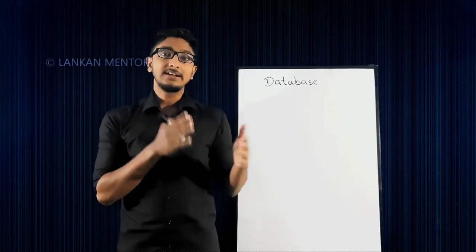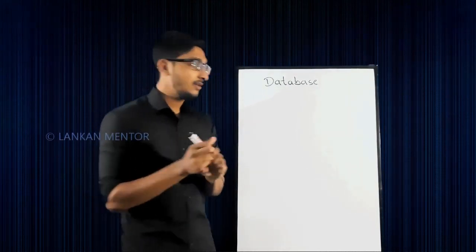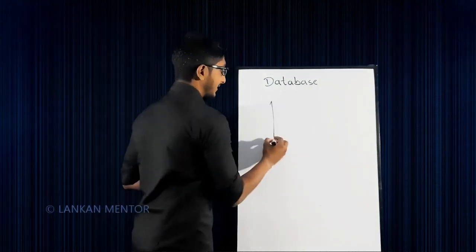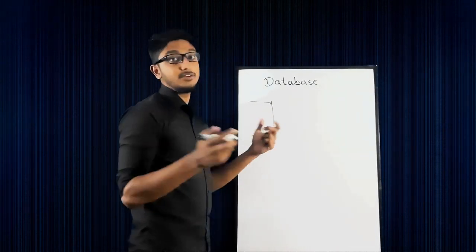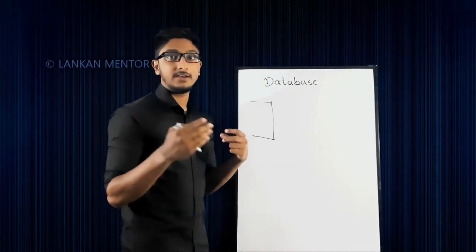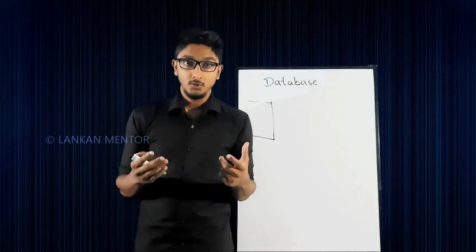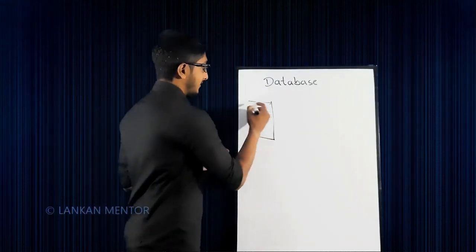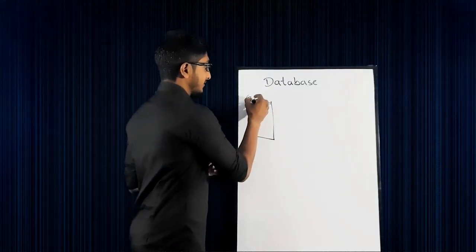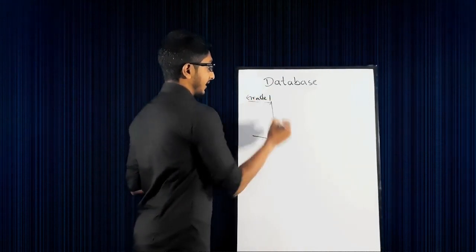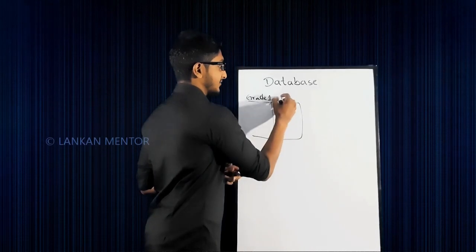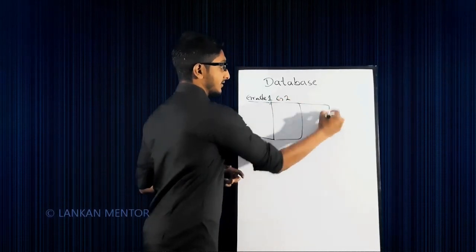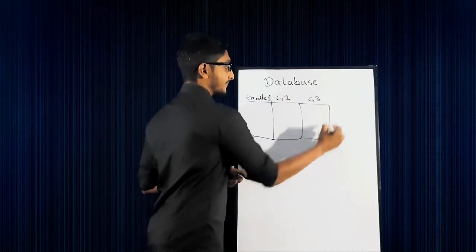Now, if we have a database, then the database would be separated. Like this section is for storing files from, let's say, your school. If you take the example of your school, then this is for storing files of grade 1, again this section is for grade 2, this section is for grade 3, right?